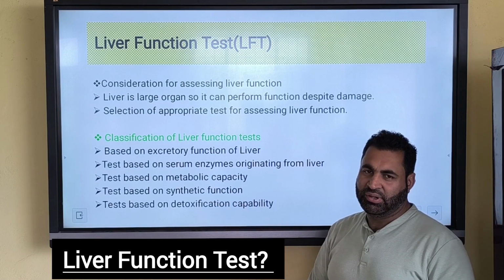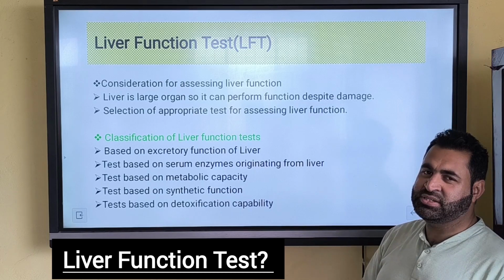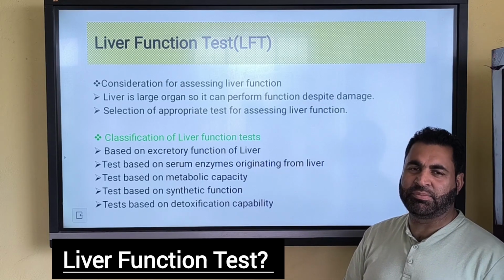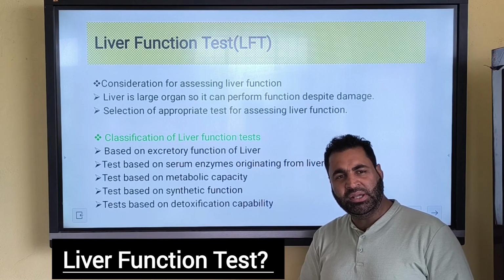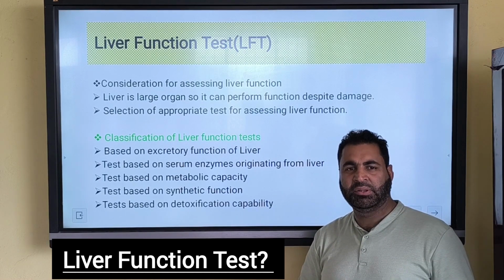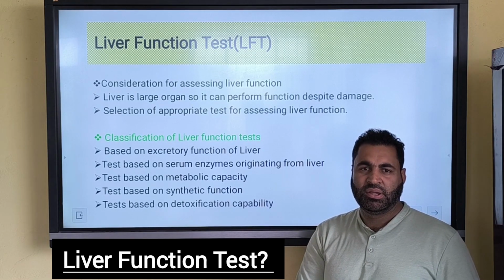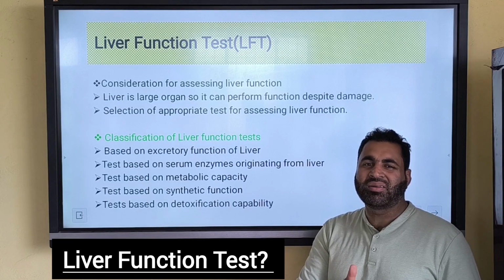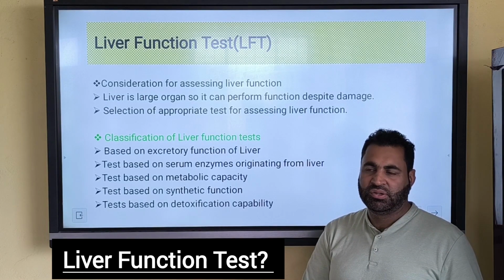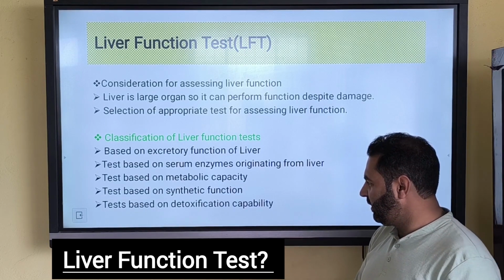Then there are the synthetic functions of the liver. The liver synthesizes albumin and blood clotting factors. If there is any abnormality in the synthesis of albumin or blood clotting factors, it gets conveyed in terms of alteration in function, so that can also tell us about the state of the liver.